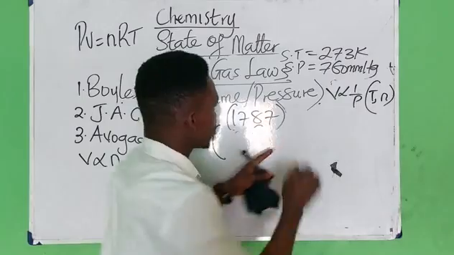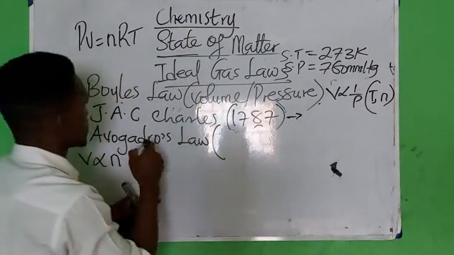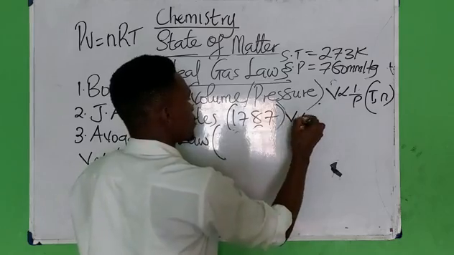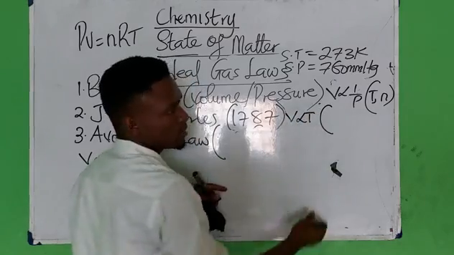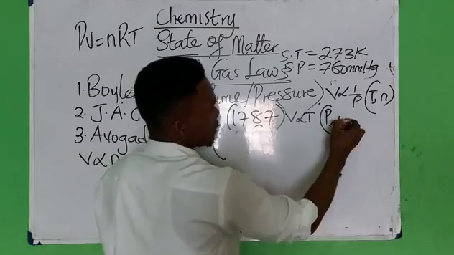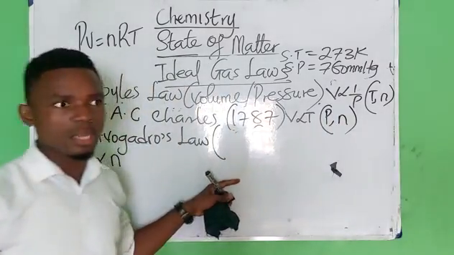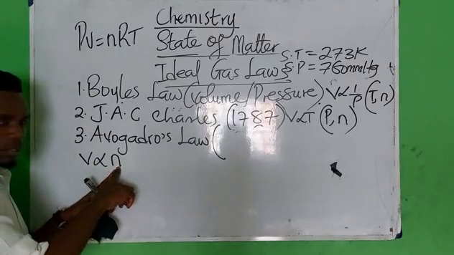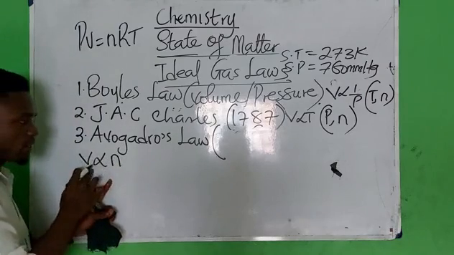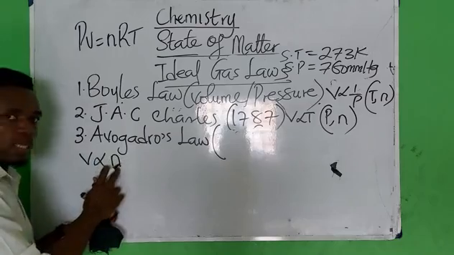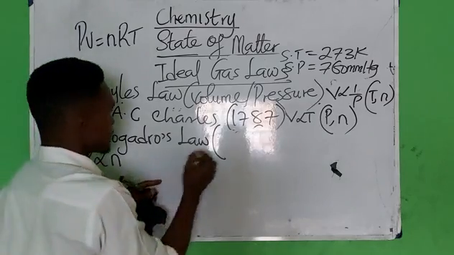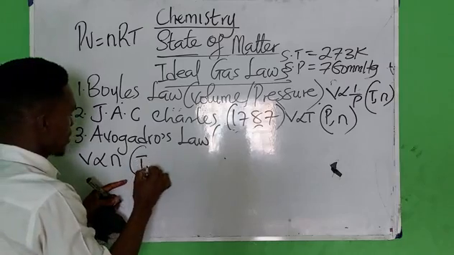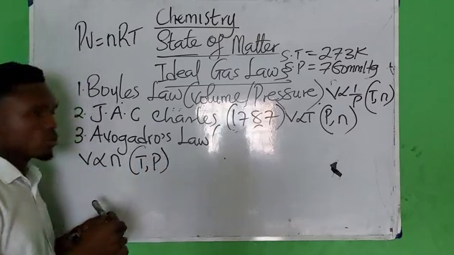Charles's law is V proportional to T, which means that P and n are constant. And V is proportional to n, which means that T and P are constant.